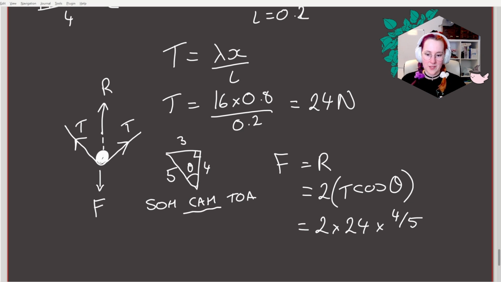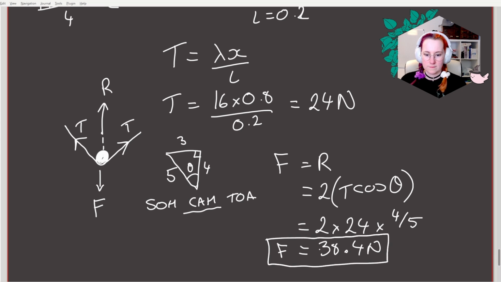So 2 times 24 times 4 over 5 is 38.4 newtons. Okay, so now we have the force being pulled backwards.